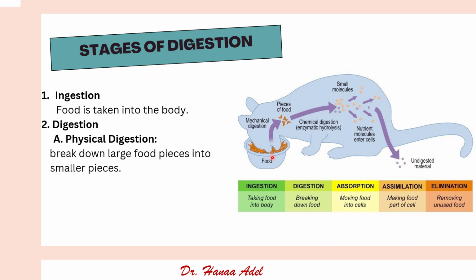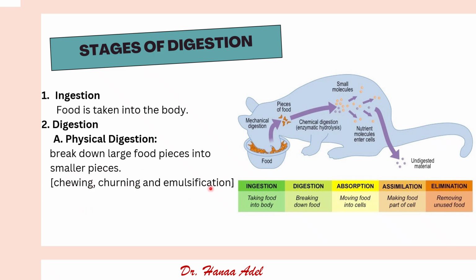The second stage is digestion. Digestion has two types. The first is called physical digestion, which is done in three different forms: chewing, done by teeth; churning, done by the muscular wall; and emulsification, done by bile juice. What is meant by physical digestion is the breakdown of large food pieces into smaller pieces.